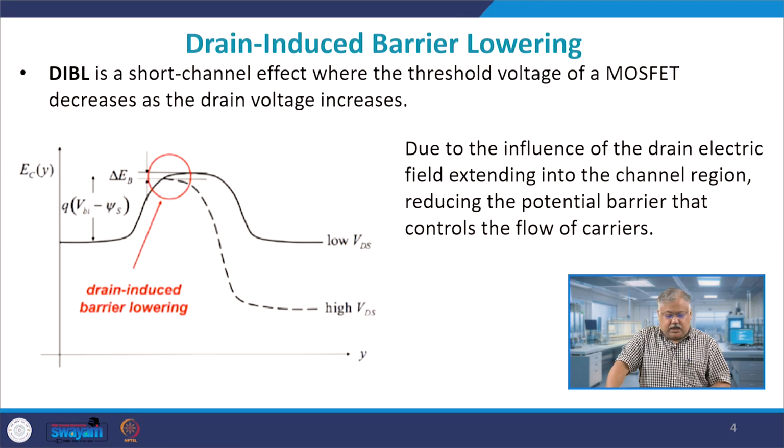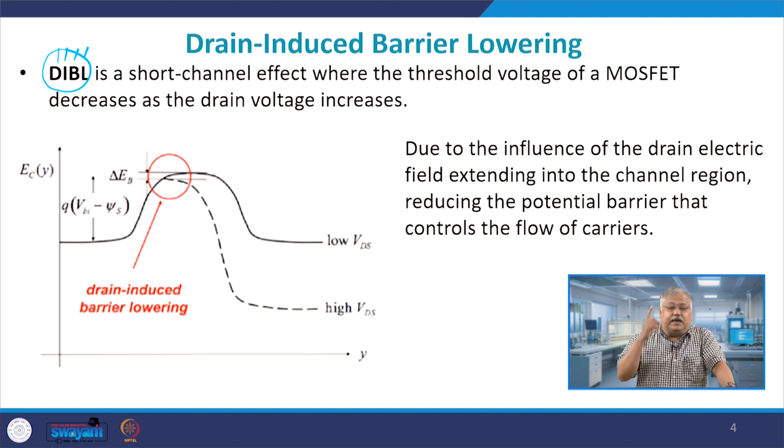So, with this let me come to the next effect after threshold voltage modulation, and the other effect is drain induced barrier lowering, also referred to as DIBL, drain induced barrier lowering. This is a short channel effect where the threshold voltage of a MOSFET decreases as the drain voltage increases.